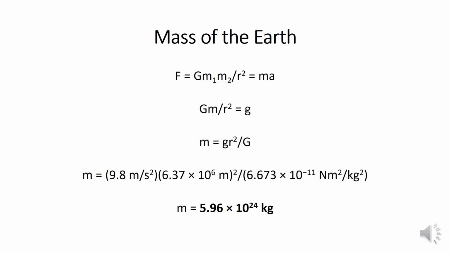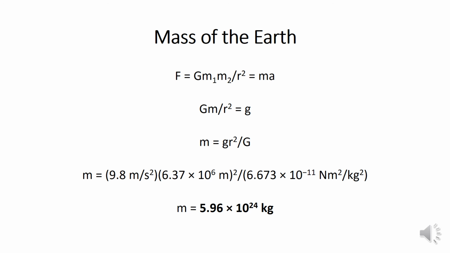We get G m1 m2 upon r squared, and we know according to Newton's second law of motion, F equals ma. So when I compare the two, the mass cancels out, and you're left with G M upon r squared equals g, and g is your acceleration due to gravity, which is 9.8 meters per second squared.